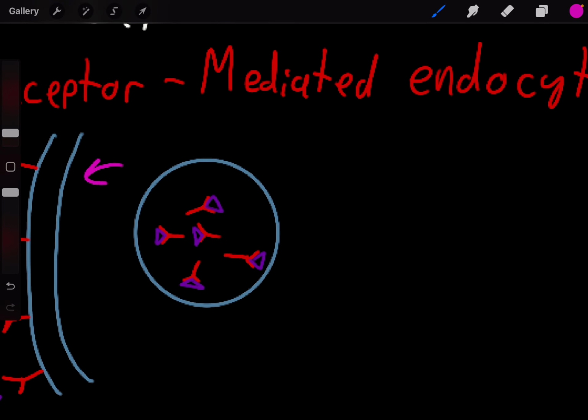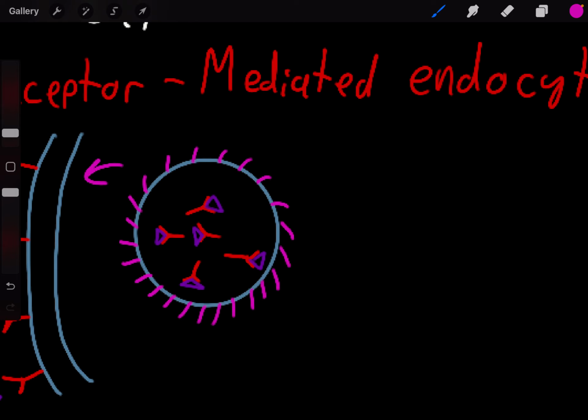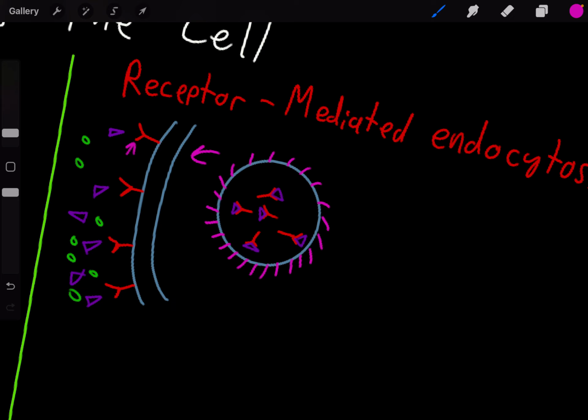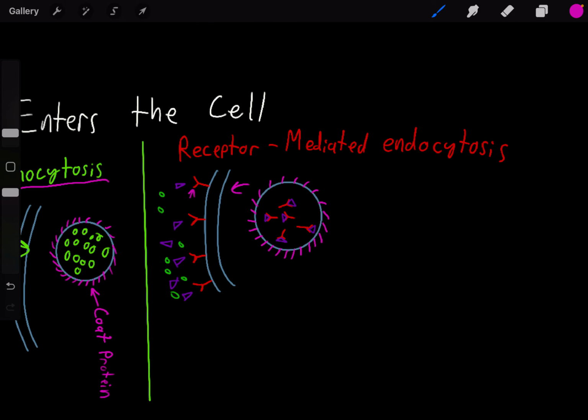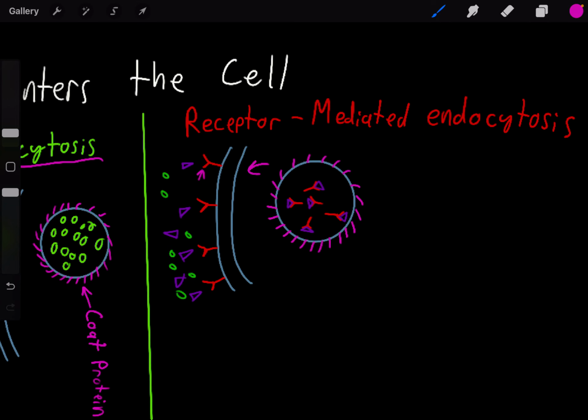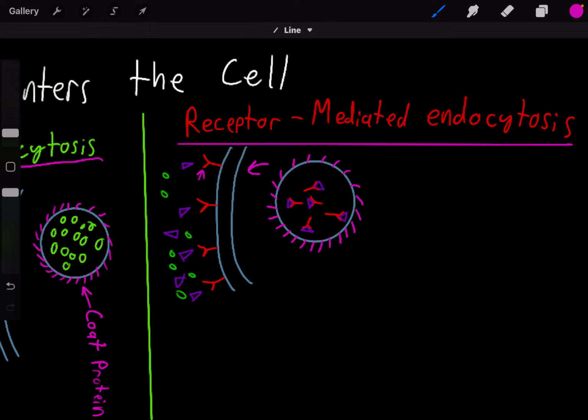And this one, I forgot to draw it, but they also have coat proteins. Basically, receptor-mediated endocytosis means it needs the receptor outside to grab whatever it needs, specifically whatever it needs, and take it inside the cell. And that is receptor-mediated endocytosis.